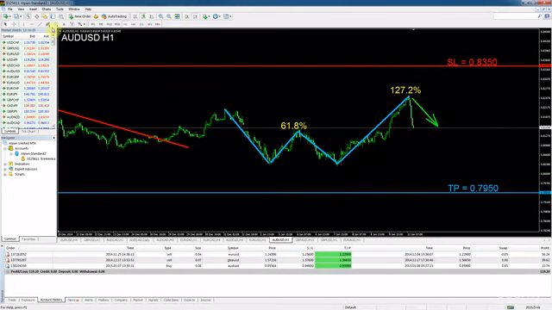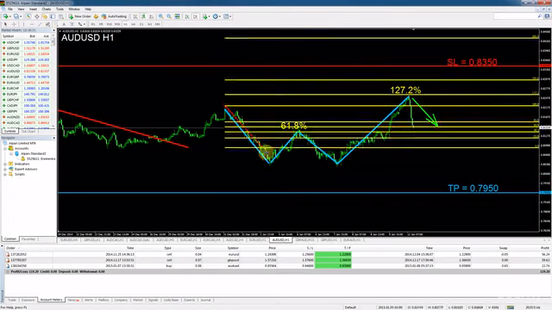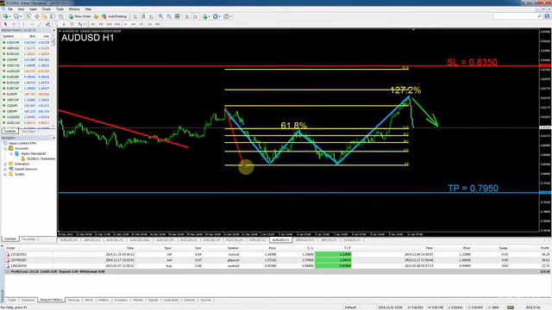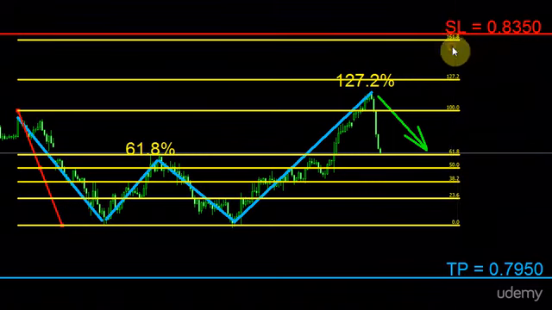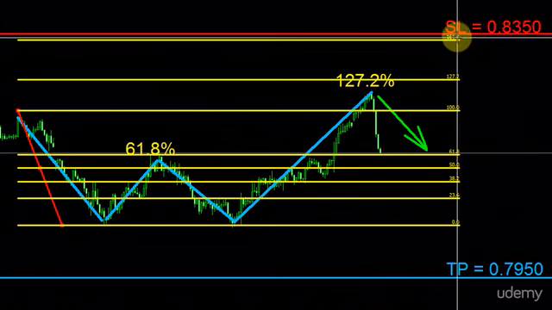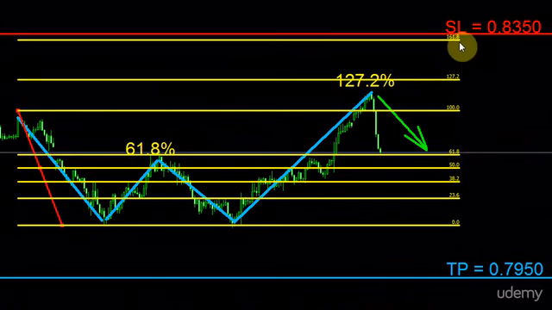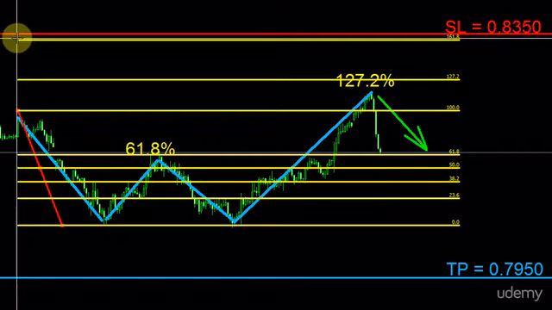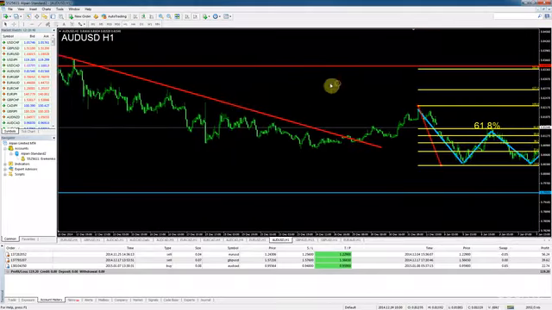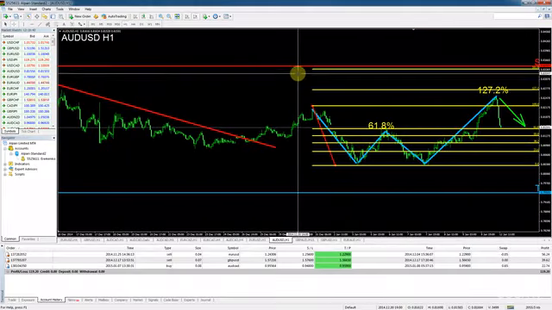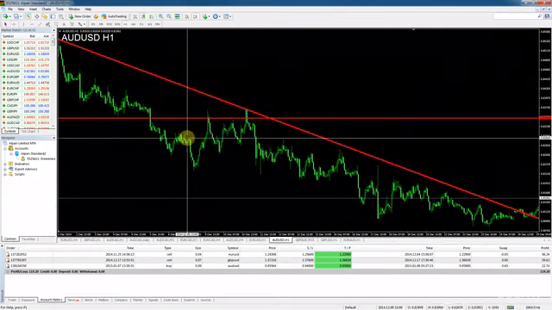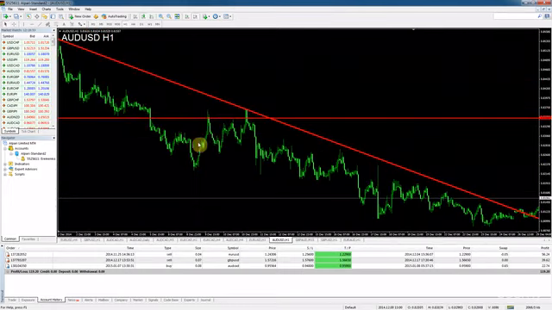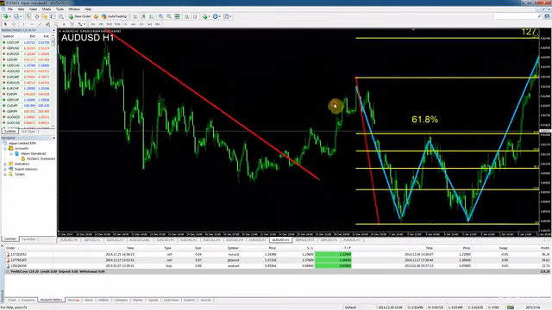Your stop loss, well, kind of a similar thing. If you drag the original Fibonacci retracement, it's good to set your stop loss above the 161.8 because this acts as a resistance line. Also, we've got a strong level here, which is 0.83, and as you can see over here, 0.83 was a strong resistance line. It's also a psychological level.